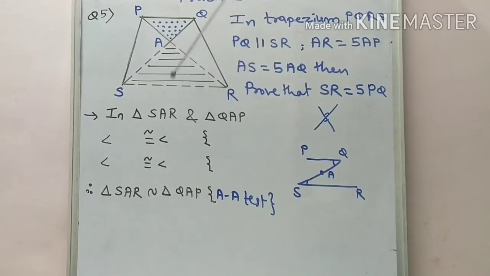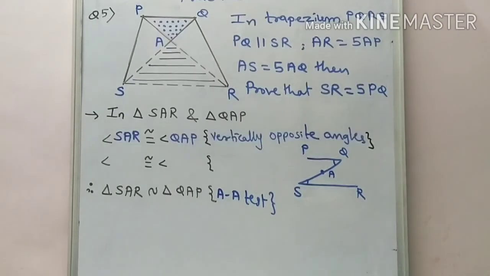Now as you observe the figure, what we notice here is the cross, meaning this common point A. So angle SAR and angle QAP, these two angles are vertically opposite angles, and we know the property that vertically opposite angles are congruent to each other. So we write down that first pair, the vertically opposite angles.